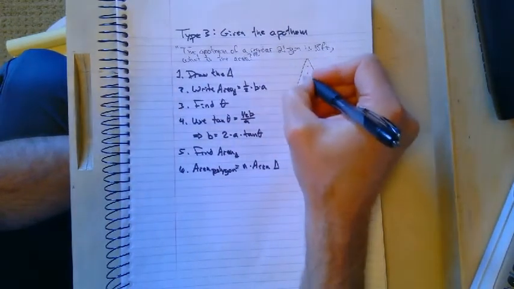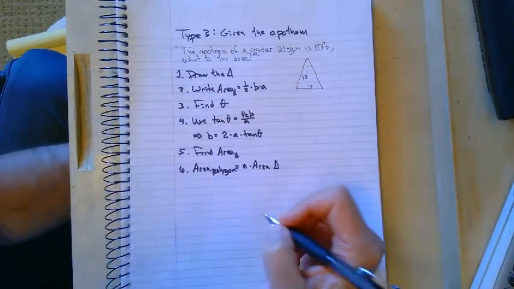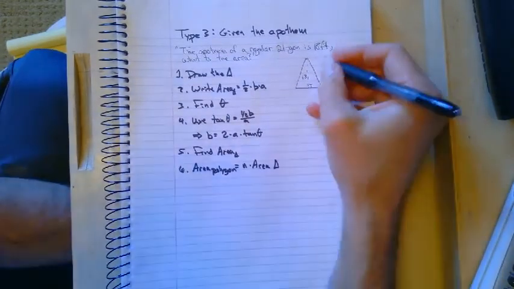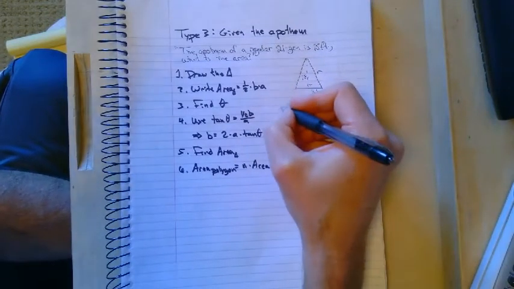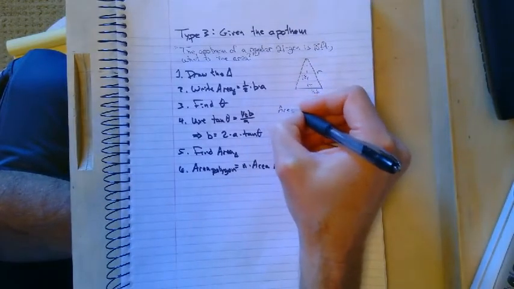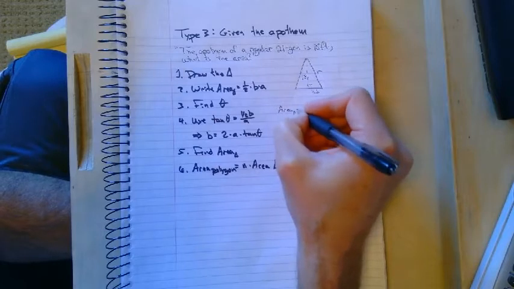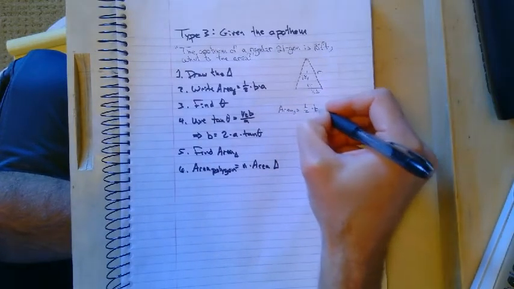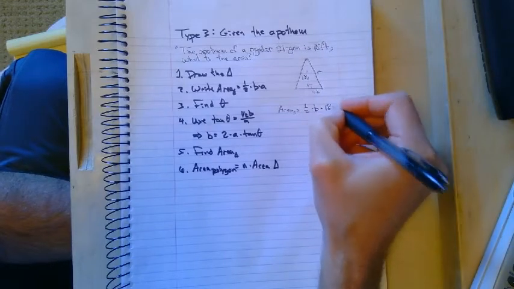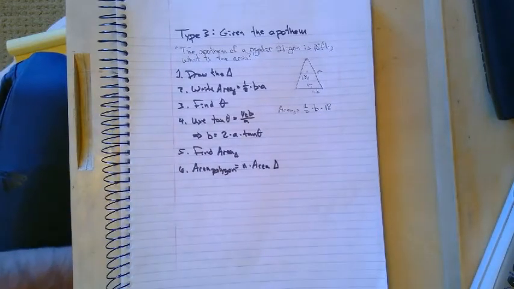What I know this time is that this is 18. This is my radius here. Here is half of my base. I'm going to write that my area of the triangle is 1/2 times the base, B, times the apothem, which I now know is 18.